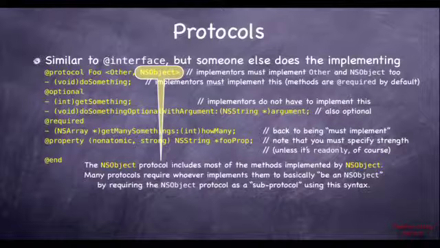Very simple. The only syntactical thing is that you can have your protocol depend on other protocols. In this case, if some object says, I'm going to implement the protocol Foo, they must also implement the protocol Other and the protocol NSObject. Those are two other protocols.